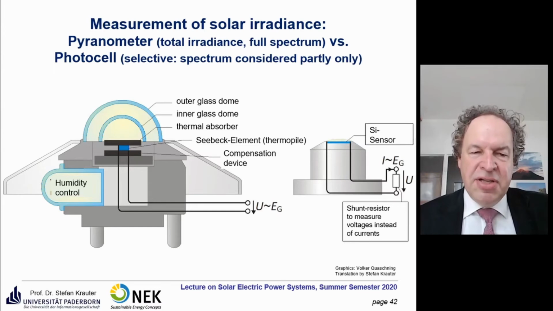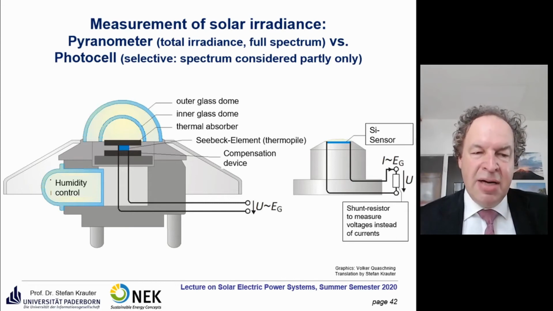It works very simply. You have two glass domes, and under the glass dome there is a black plate. The sun comes in, gets absorbed at this black plate and heats it up. What we do is measure the temperature difference of that black plate relative to a reference device, also called a compensation device.